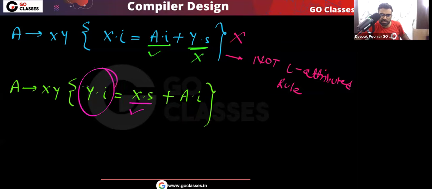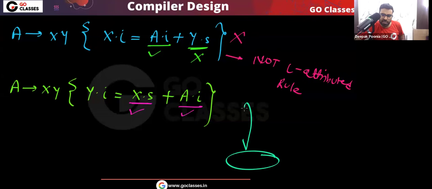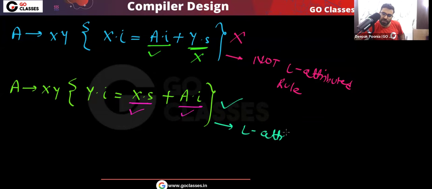Next, this inherited attribute y.i is depending on the inherited attribute of the parent. That is also allowed. Any inherited attribute can depend on the inherited attribute of the parent, but cannot depend on the synthesized attribute of the parent. Here this inherited attribute y.i is depending on the inherited attribute of the parent. This is perfectly fine. So I can say this is an L attributed rule.